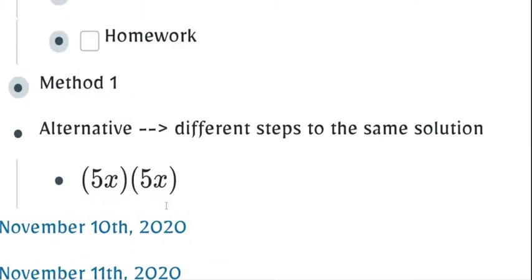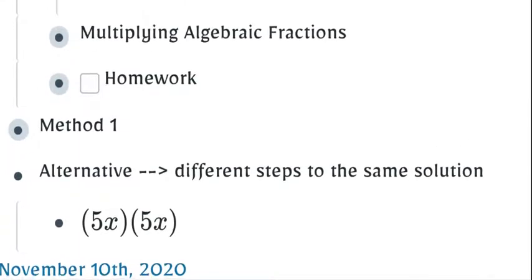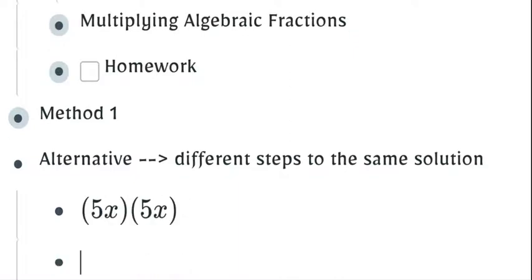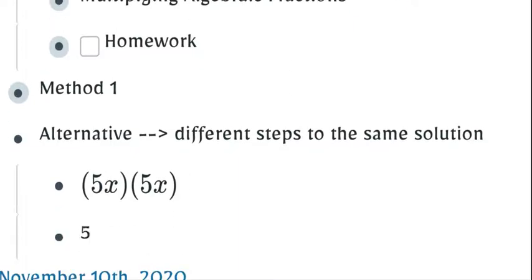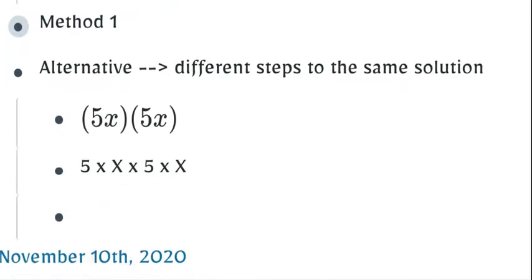The different method essentially states that we didn't have to say the powers were added together. We could have just written it like this: 5 times x times 5 times x. So essentially, write out everything, and then you just work across.